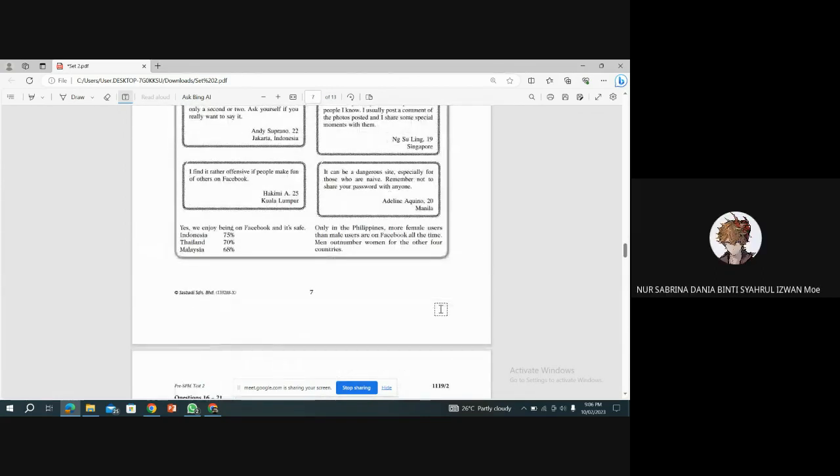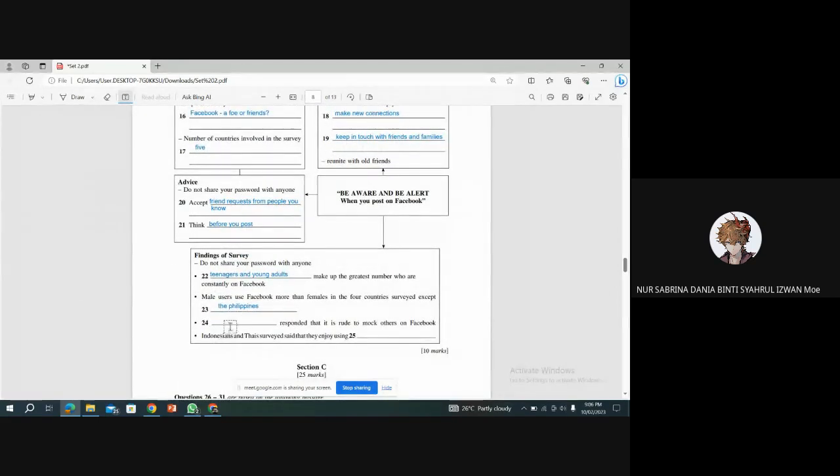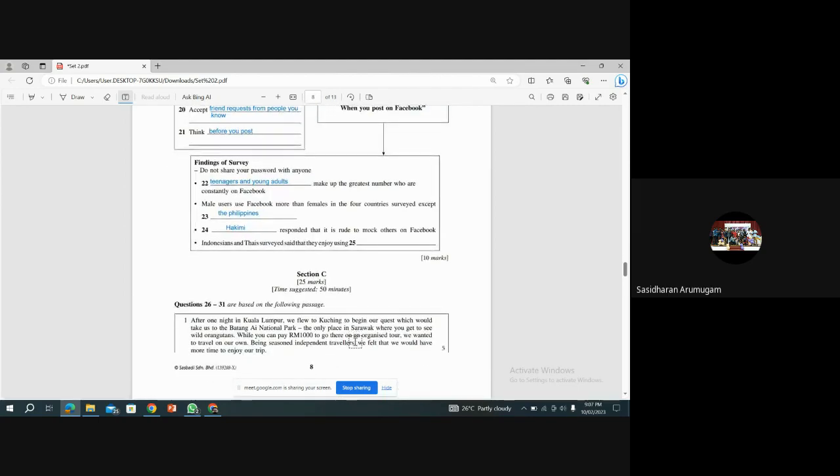Hakimi A. Okay, what is meant by mock? Mock is something like mengejek.